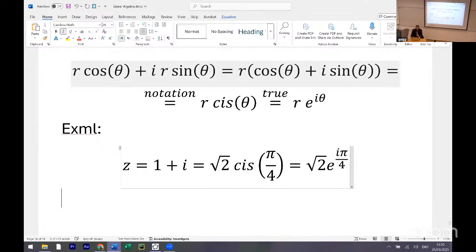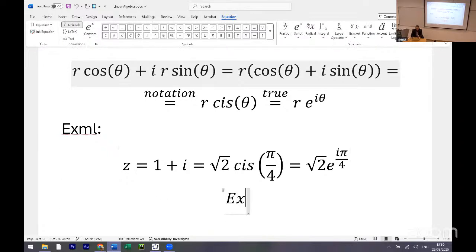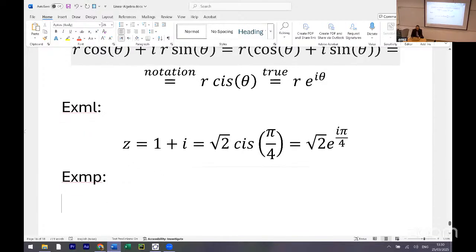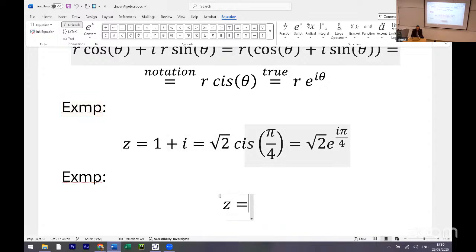Let's see another example, which we actually do. I changed the shorthand for example each time. Say we have, I don't know, 2 times the cis of pi over 6.